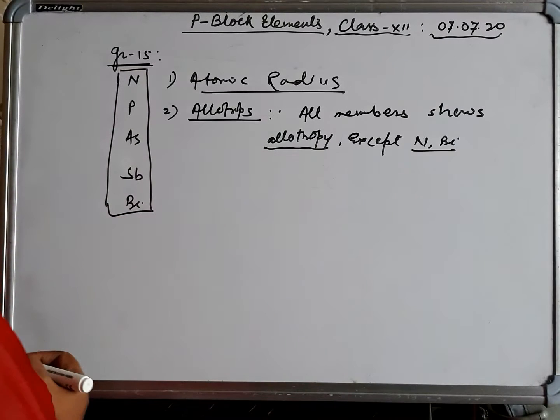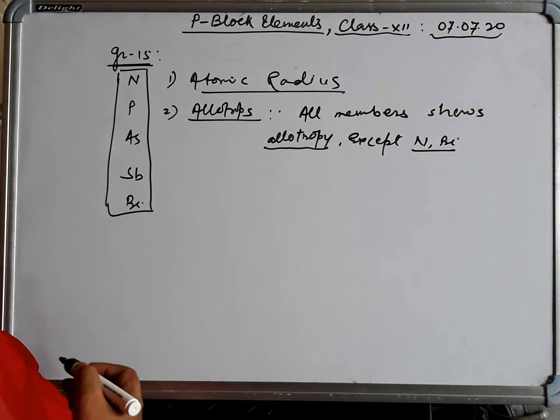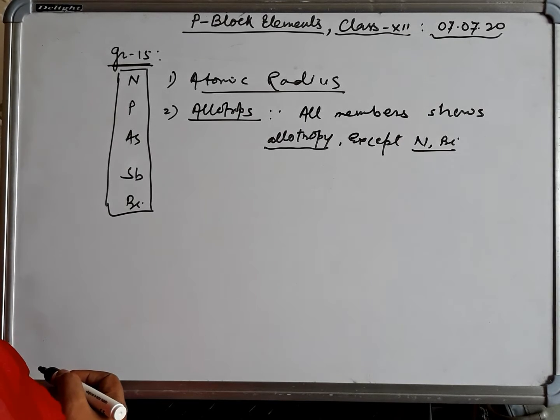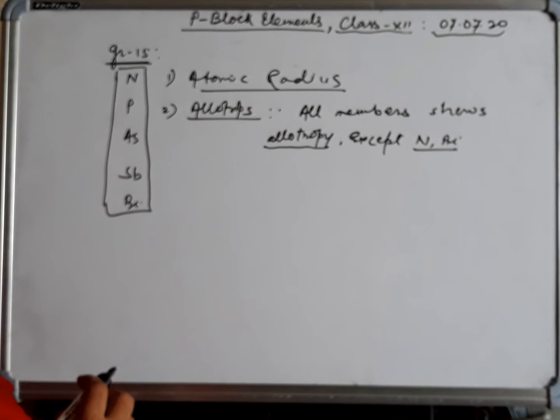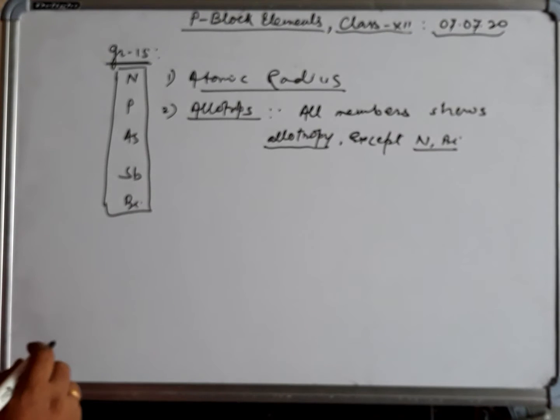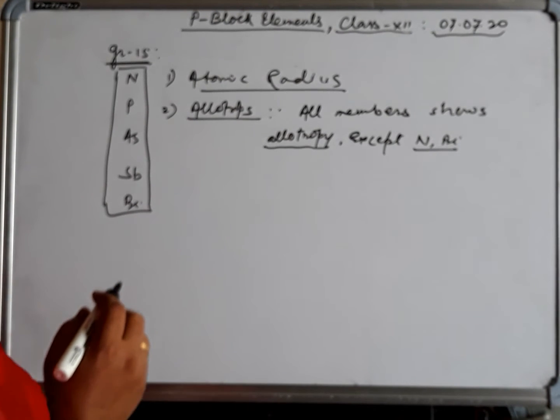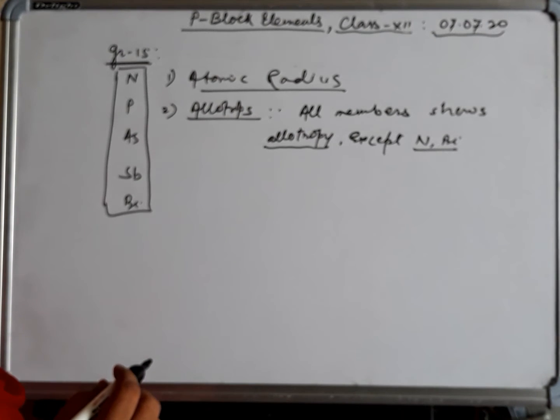What do you mean by the term allotropy? The existence of an element in more than one form, where their physical properties are different and the chemical properties are the same. For example, carbon: its allotropes are diamond, graphite and fullerenes.